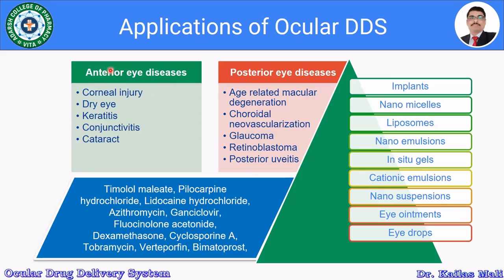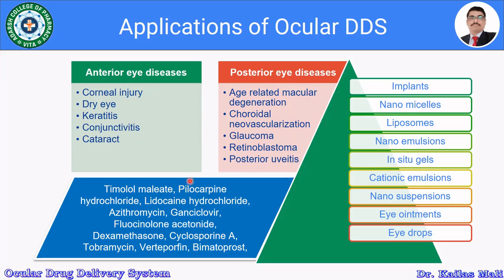The ocular drug delivery systems which are designed are widely used to treat anterior eye segment diseases like corneal injury, dry eye syndrome, keratitis, conjunctivitis, and cataract. And posterior eye segment diseases like age related macular degeneration, choroidal neovascularization, glaucoma, retinoblastoma, and posterior uveitis.